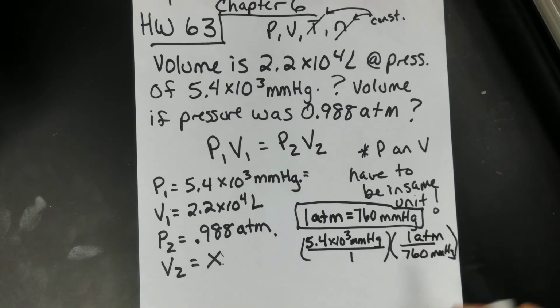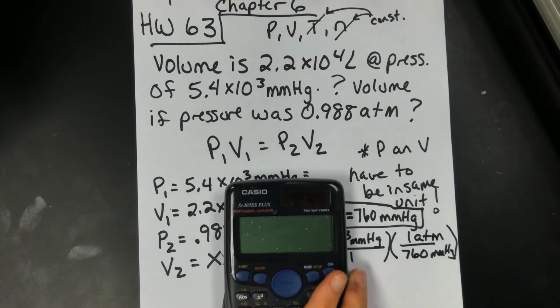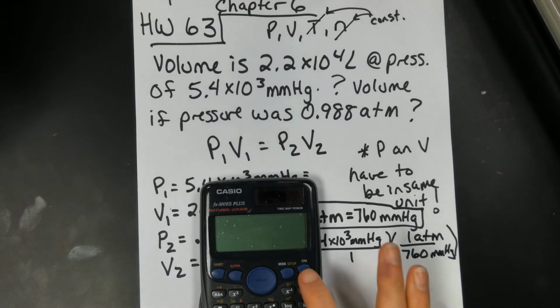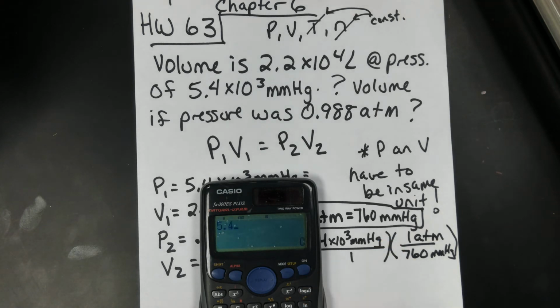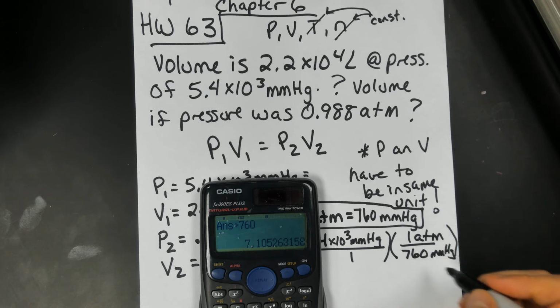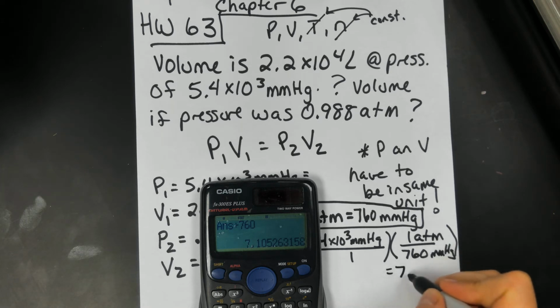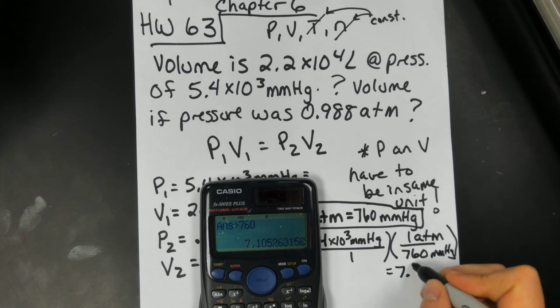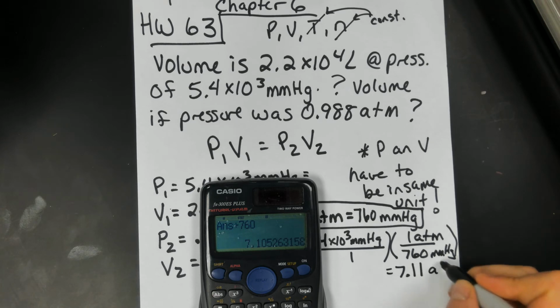Okay, so let's type this into our calculators. Essentially, we're going to be having 5.4 times 10 to the 3, and then that is going to be divided by 760. So it looks like we're talking about a pressure of 7.11 atmosphere.